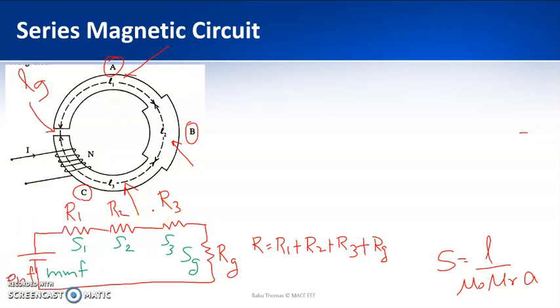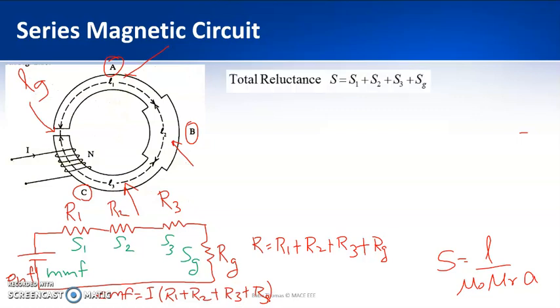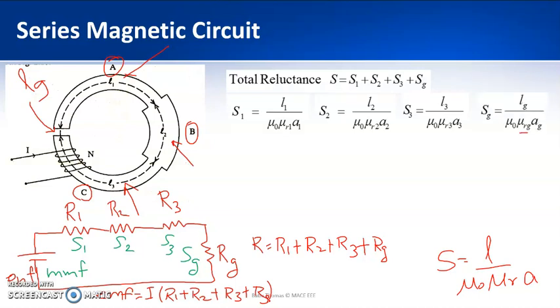Now the total EMF will be equal to I into R1 plus R2 plus R3 plus Rg. That is, I into R1 is the drop across resistance R1, then the drop across resistance R2, drop across resistance R3, and drop across resistance Rg.